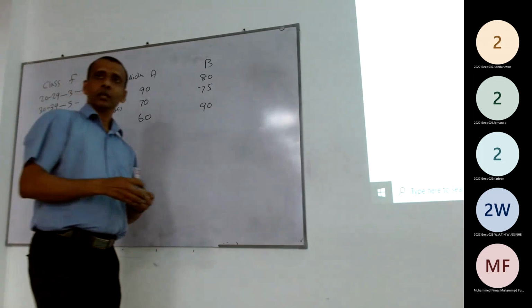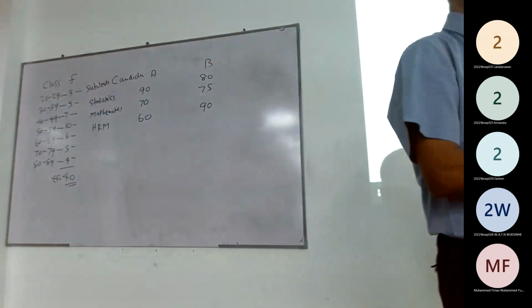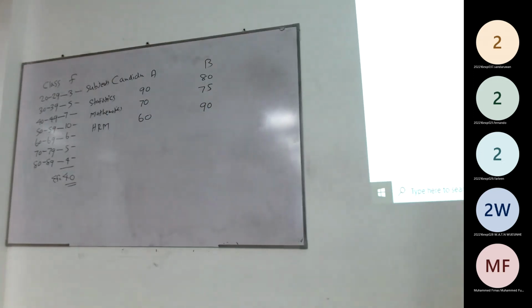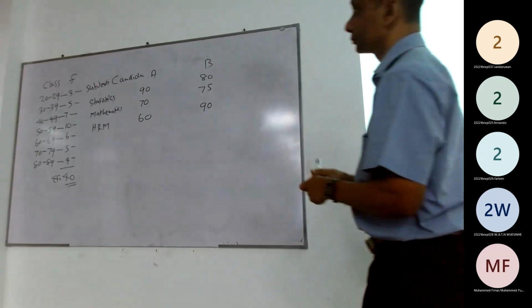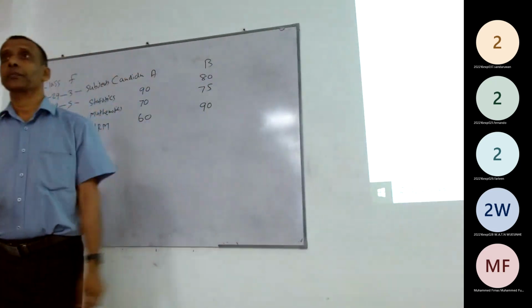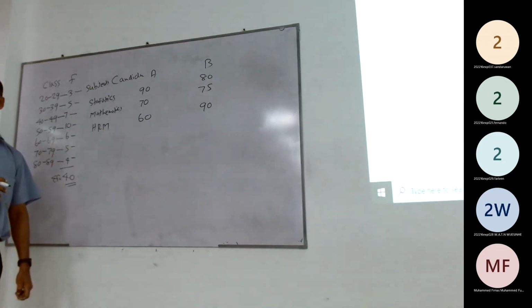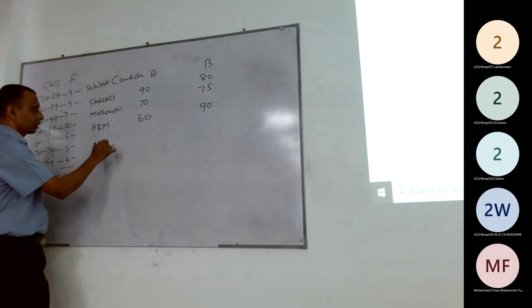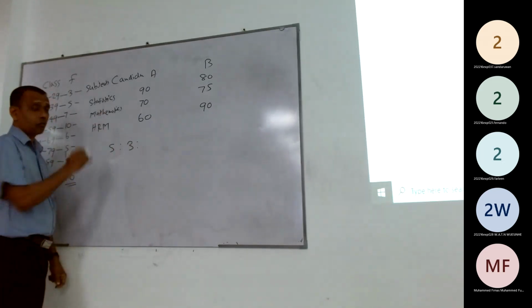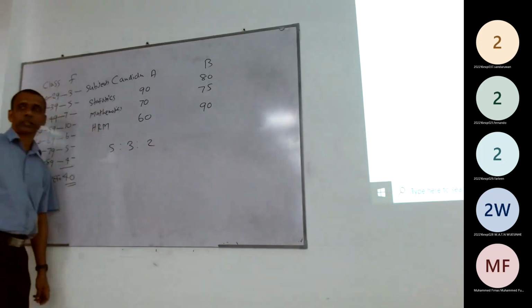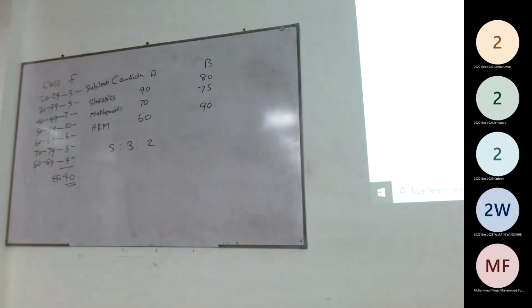Under that, write down: according to the importance of subject knowledge, the management has weighted them 5, 3, and 2 respectively.